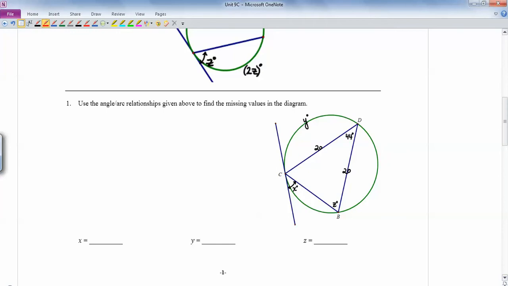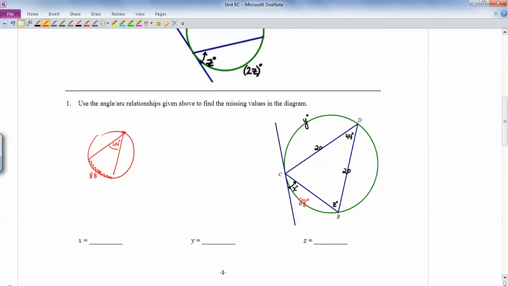The 44, if I draw the 44 by itself, notice that it's an inscribed angle, so the arc that it carves out, that it intercepts, is going to be twice the 44. So that's going to be 88 degrees. So this arc right here is 88 degrees going around from here to C, right? So I'll just put the 88 there.